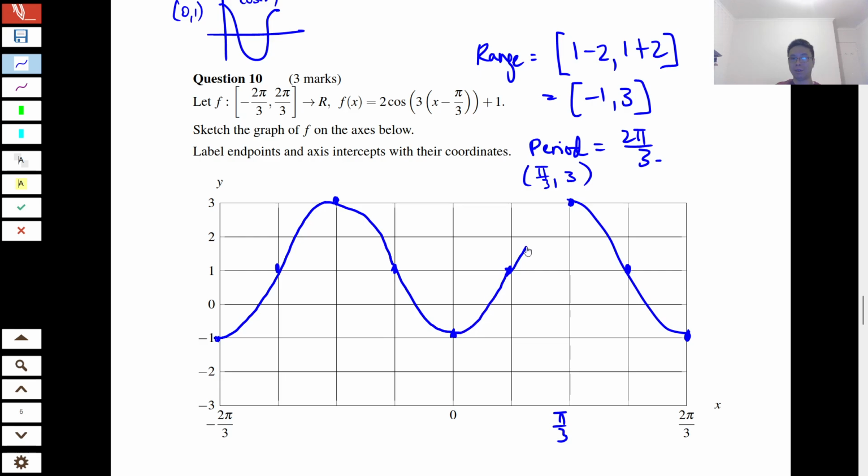Sorry that it's sloppy, but this is a tablet. It's quite hard to do this. But that looks pretty good. So 1, 2, and my domain has 2 cycles of length 2 pi on 3, so this is what I'm expecting.